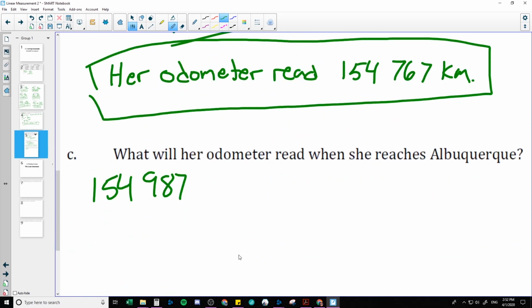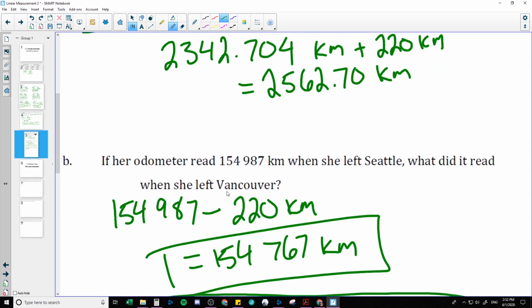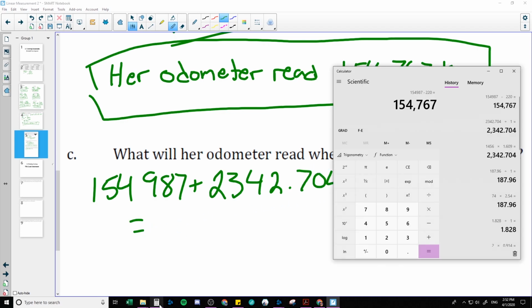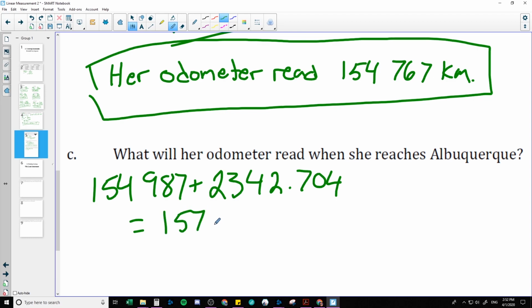So 154,987 plus, what was it? 2,342.704. Okay, and this is going to give us our answer. So let's go back here. 154,987 plus 2,342.704, and that gives us our answer, 157,329.704.